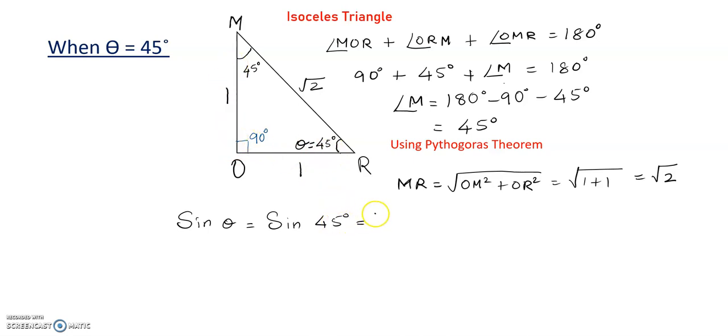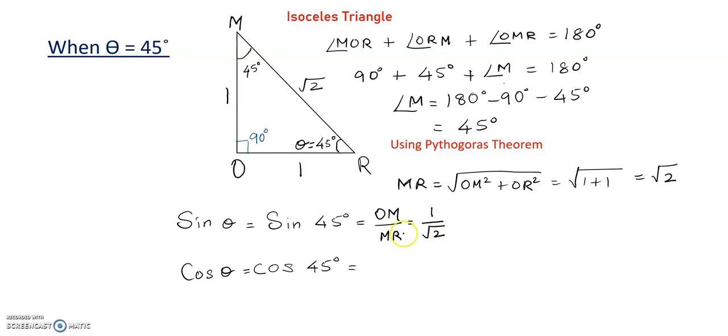So sine 45 degrees will be equal to OM over MR, which is the hypotenuse. And that is equal to 1 over square root 2. And that's a very simple method of finding sine 45.